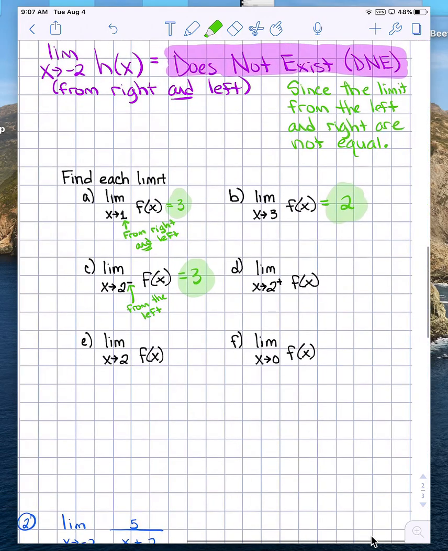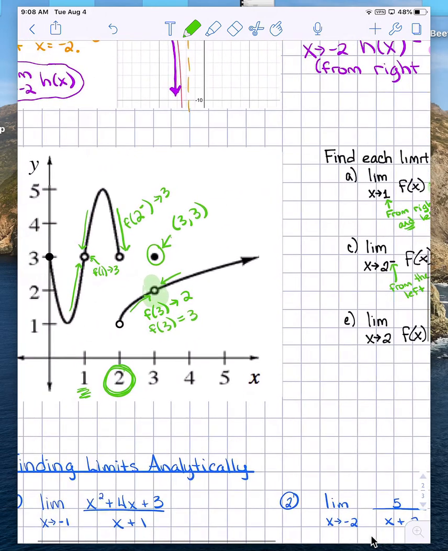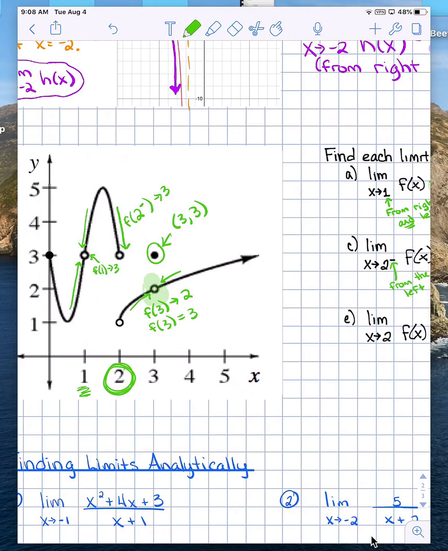Okay, the next one is asking, what about from the right? What is the function approaching? What is the y value for values that are to the right of 2 on the x-axis? So let's go take a look at the graph. You might have already been doing this. From the right side of 2, we're looking at this function right here.